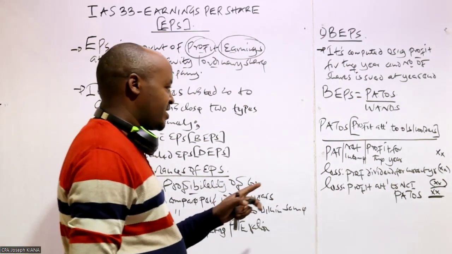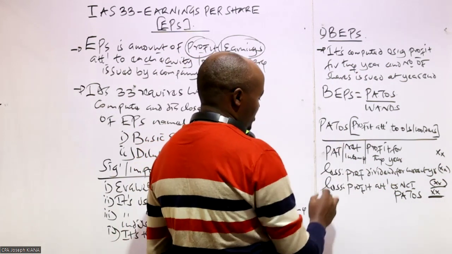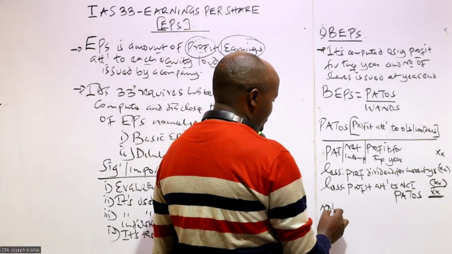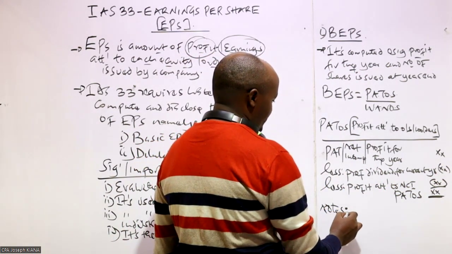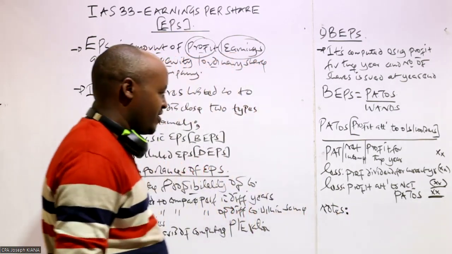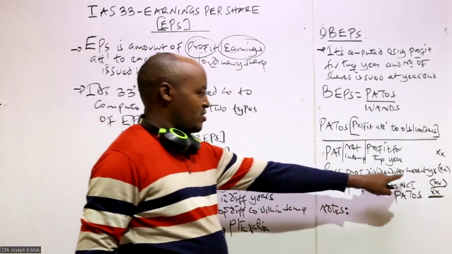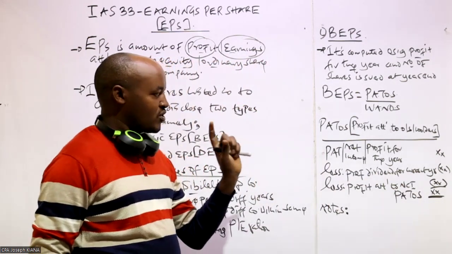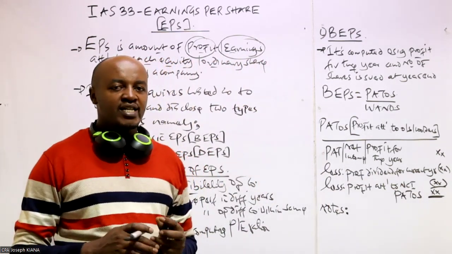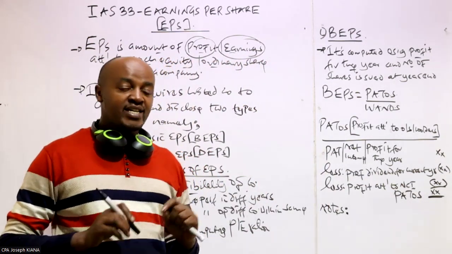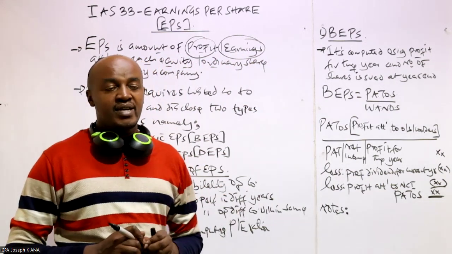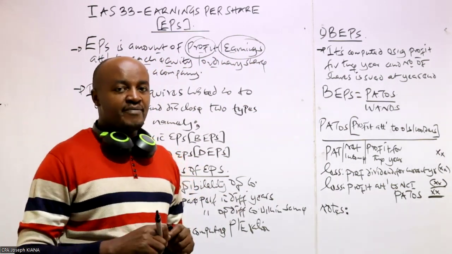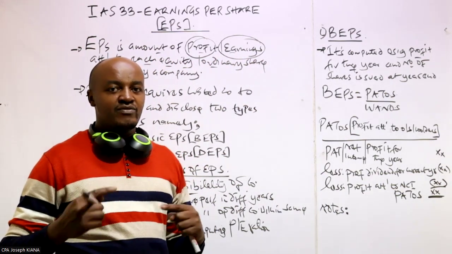But as far as the computation of these PATOS is concerned, there are some points which are important for you to know here. And I think we have already mentioned some of them. When computing these PATOS, we only deduct the preference dividends for the current financial year only. There are some instances whereby you may be told that in a given year, the company paid preference dividends for 2 years.